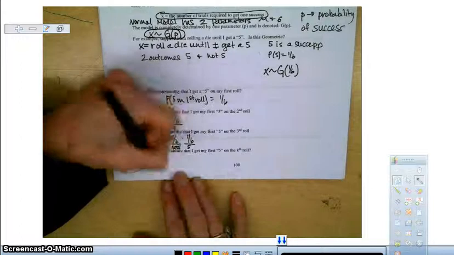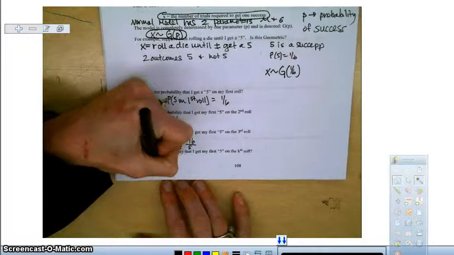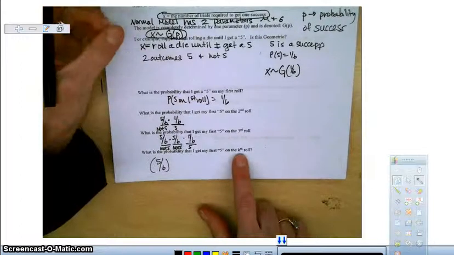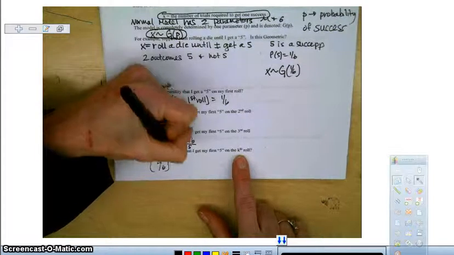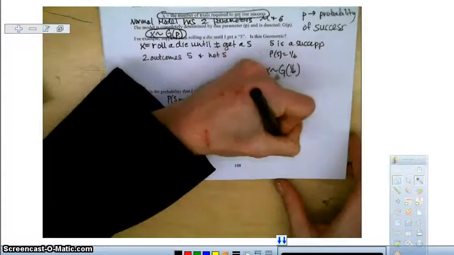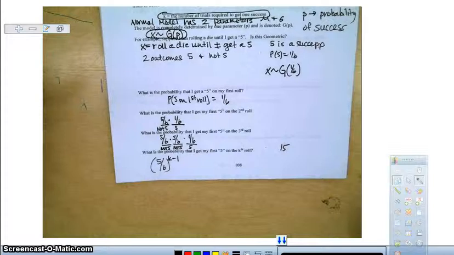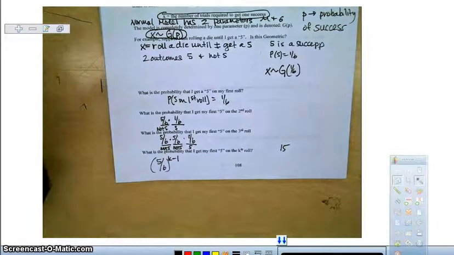So you're going to take 5 over 6 to not the kth power, but to the what power? K minus 1 power. Okay, if it were the 15th, you'd have 14 of them that were not 5s. And then the 15th one would be a 5.